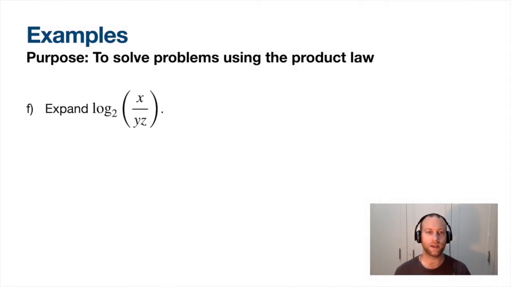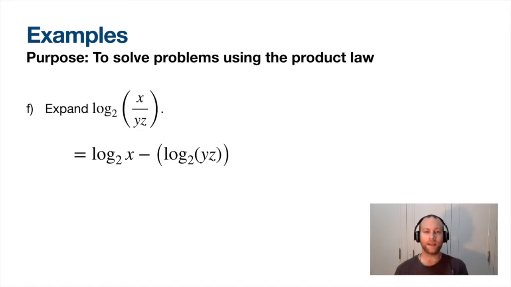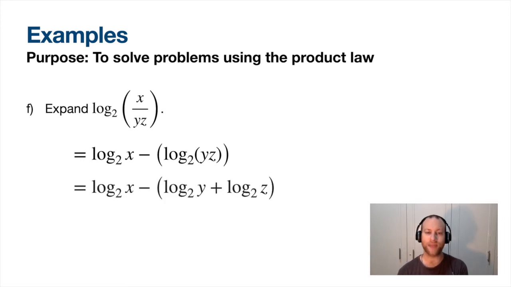Another one. Expand this one. Again, I've got log of what's on the top minus log of what's on the bottom. So that whole entire log. And inside that log base 2 of y, z, those two things are being multiplied. So I can expand that one out just using the product law.